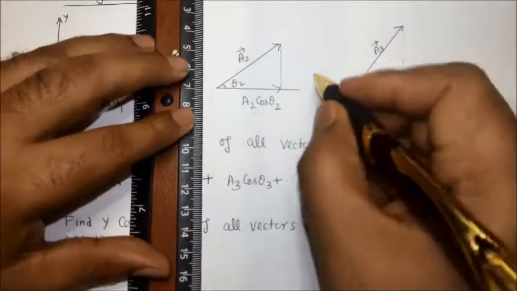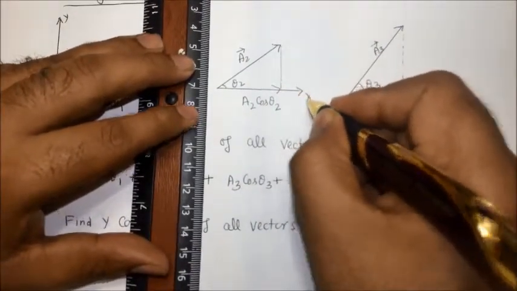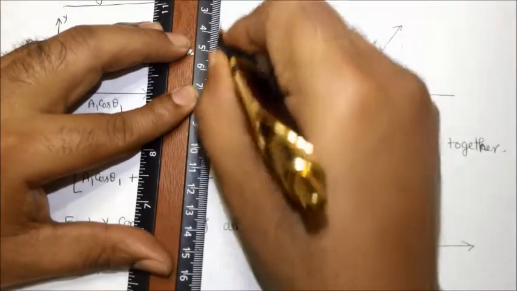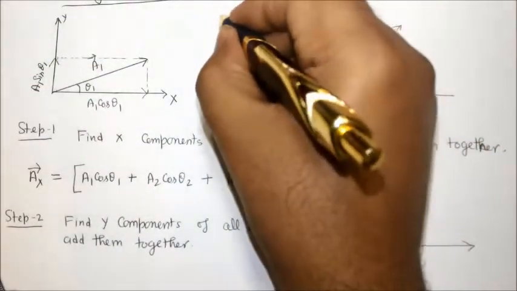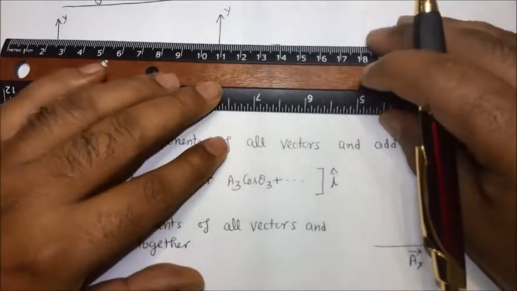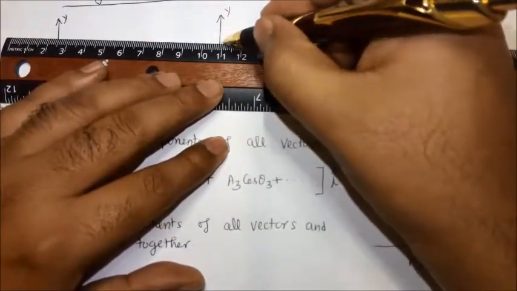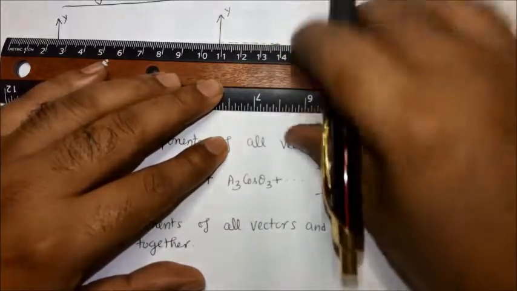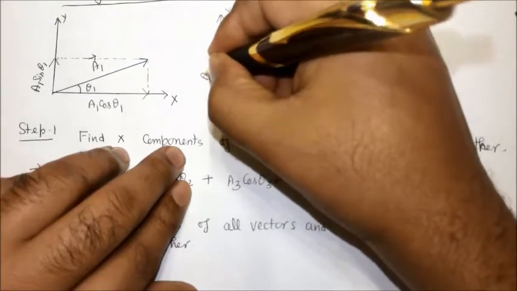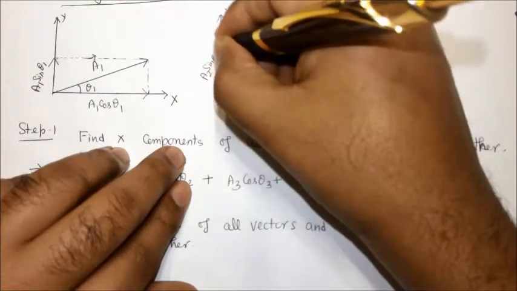Very similar. If you project along y, this is going to be A2 sine theta 2.